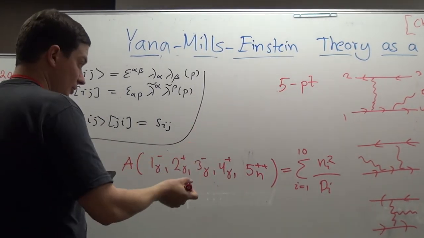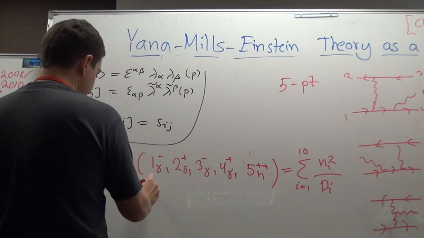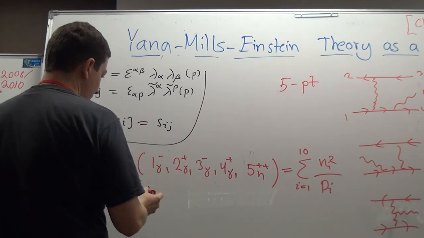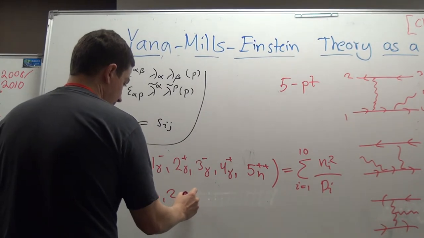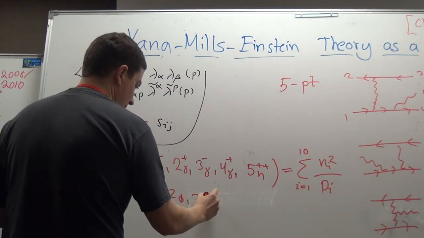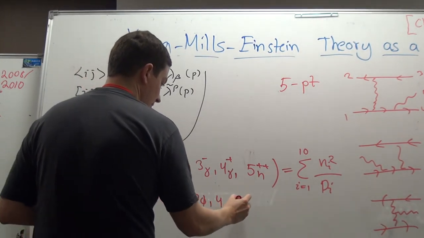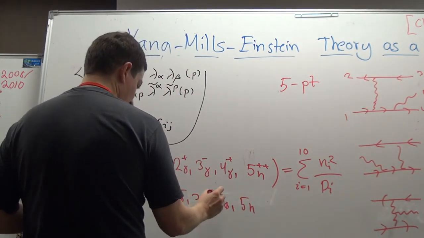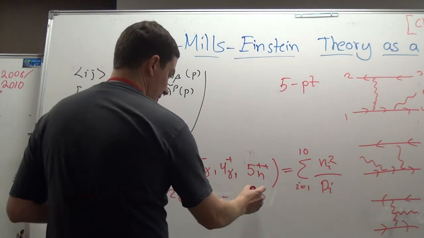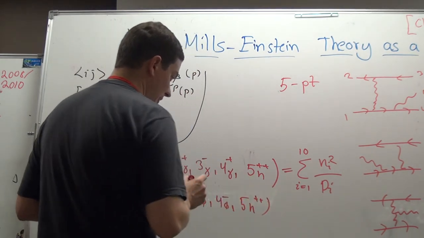And another thing you can do is to write down the scalars, as I did before. And they're going to be complex scalars, so I'll put a bar, and then let's say we put the same helicity for the gravitons.